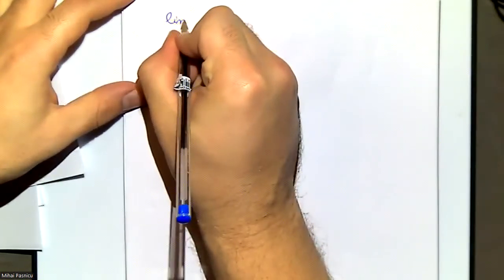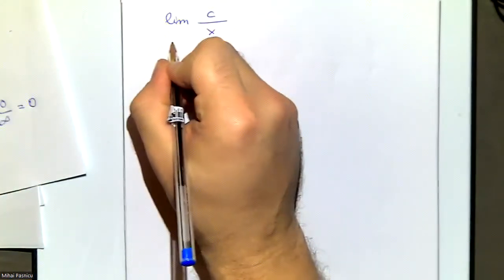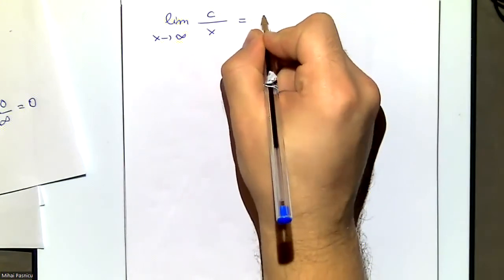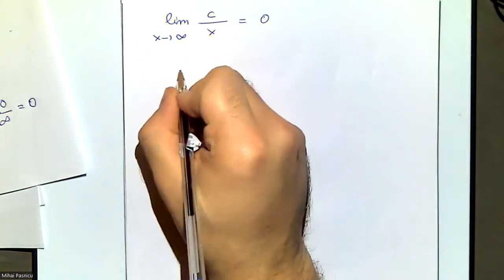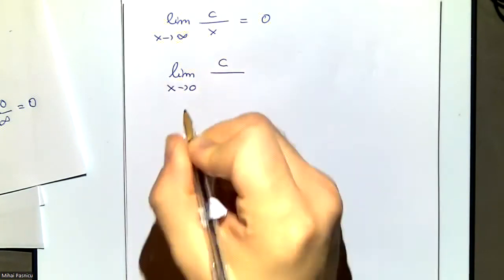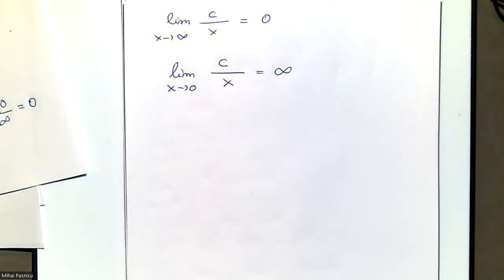But again, the only ones I would recommend basically just understanding, just because it makes evaluating everything so much faster, is the fact that constants just vanish over infinity and constants just explode under 0. If you know these two and you understand these two, you can basically evaluate any limit in like seconds. Okay, you just need to understand them really, really well.